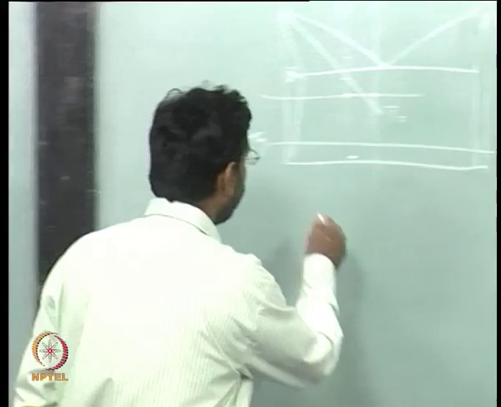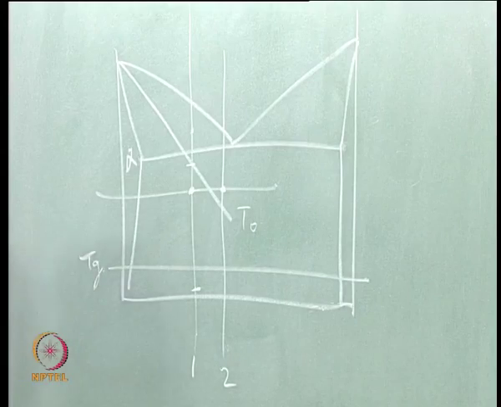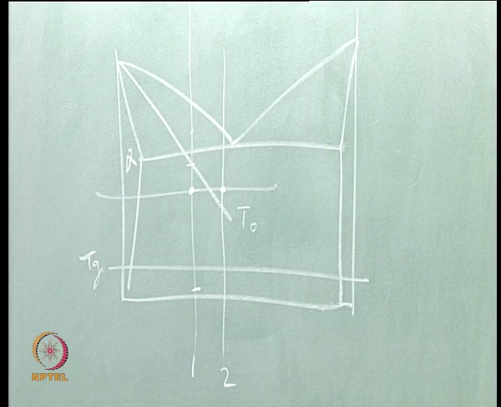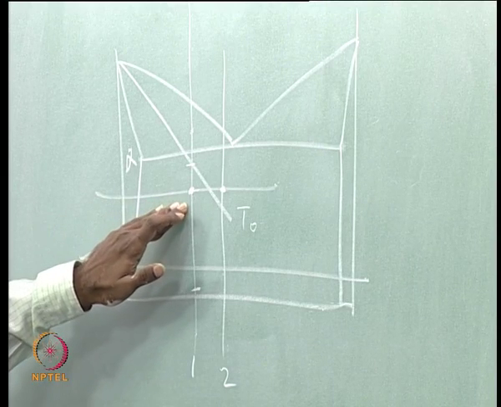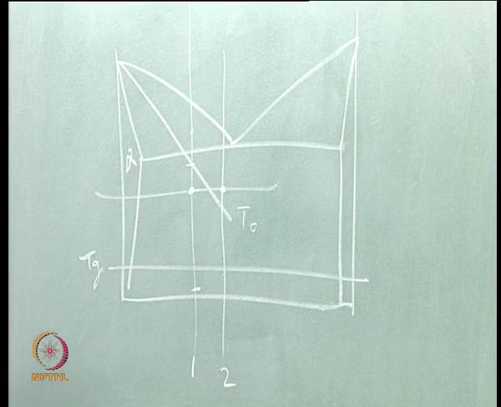So, Li number 1 has a chance of becoming a single phase alpha by partitionless solidification, and that is what happens. Now if you look at compositions like Li2, what should happen to these compositions?